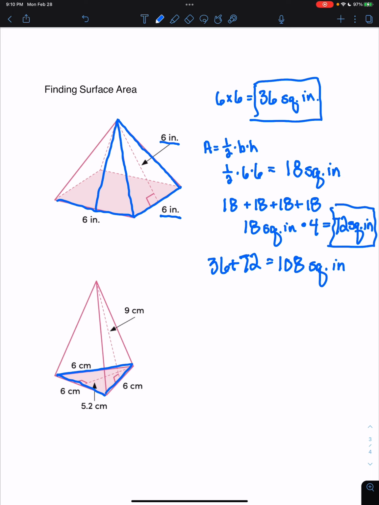So we have to calculate the area of this triangle and then the area of the 3 triangles that make up the faces of the pyramid. Because the dimensions are going to be different for the base triangle and the other triangles that make up the faces. So that's something to think about.